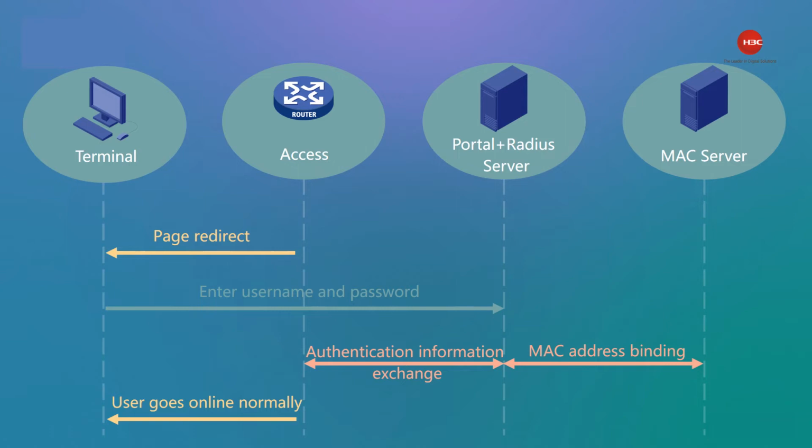If the authentication is passed, the MAC server will save the user terminal information, otherwise it will be deleted. At this point, the user can start to surf the internet successfully, and the MAC address has been bound.